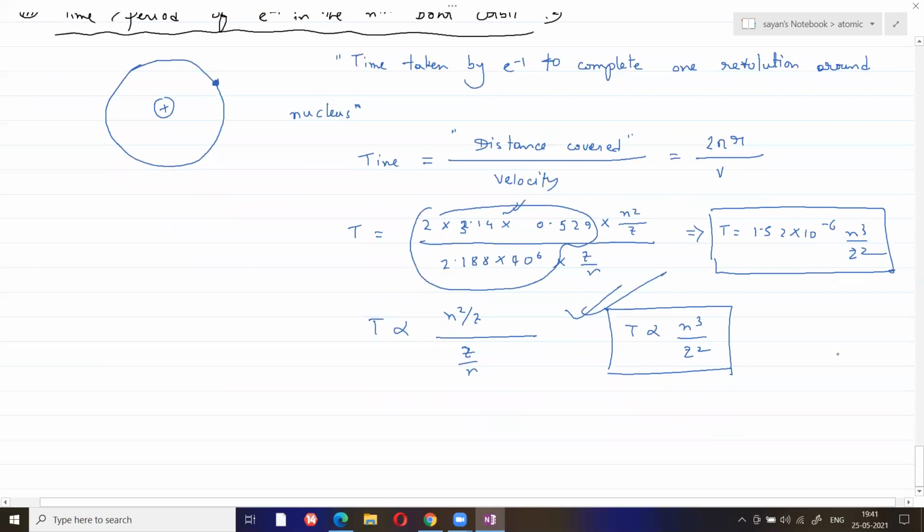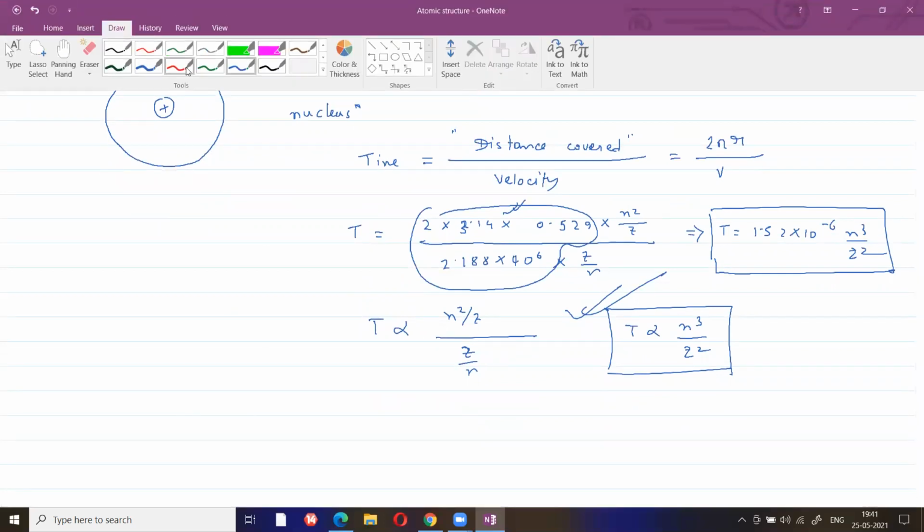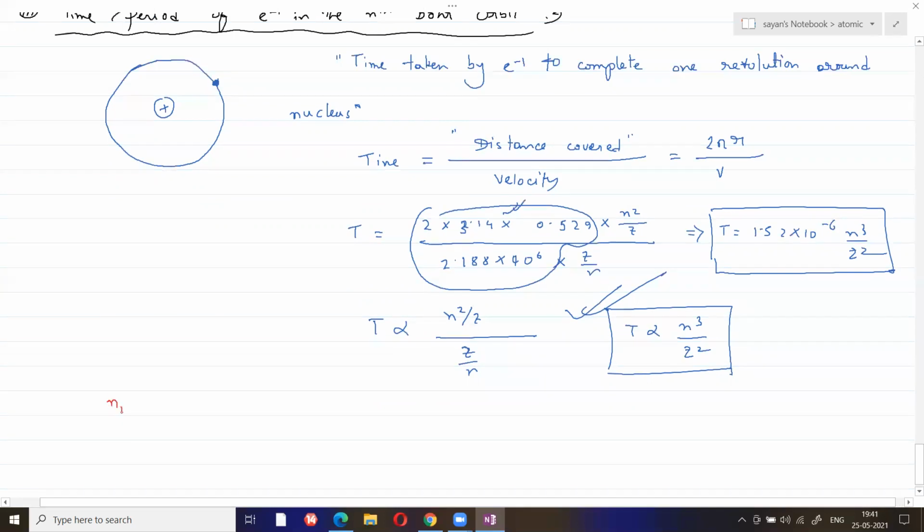Now suppose I take two electrons. One is revolving in shell number n1, and the atomic number is Z1, and the time taken is T1. For another electron, the shell number is n2, and Z2 is the atomic number of that atom, atom 2, and the time taken is T2.